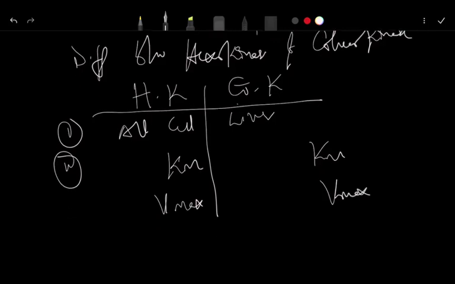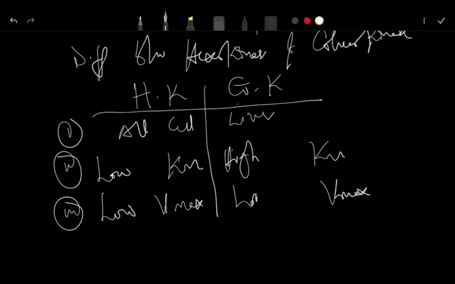Now, hexokinase has what we call low Km, while glucokinase has high Km. Again, hexokinase has a low Vmax, while glucokinase has a what? A high Vmax. Are you there with me?